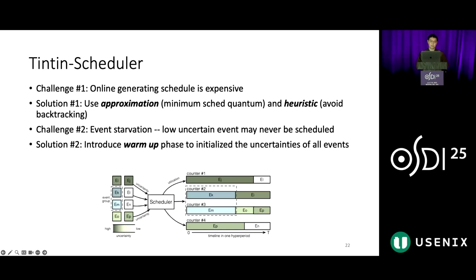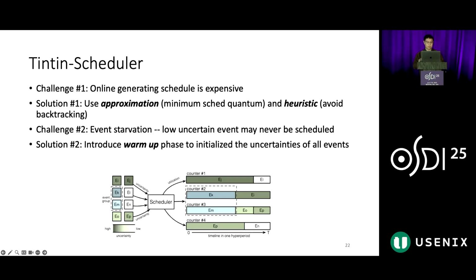So we did some small optimizations to improve it. First, we used an approximation to force a minimum scheduling quantum such that we can limit the maximum number of iterations in the solution. And we also proposed some heuristics to avoid the costly backtracking.